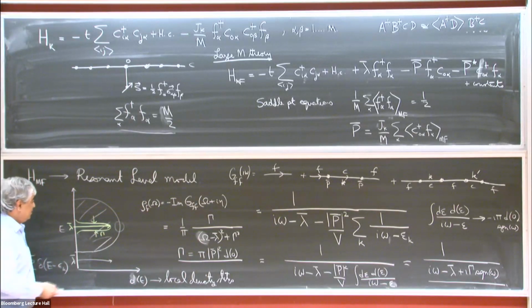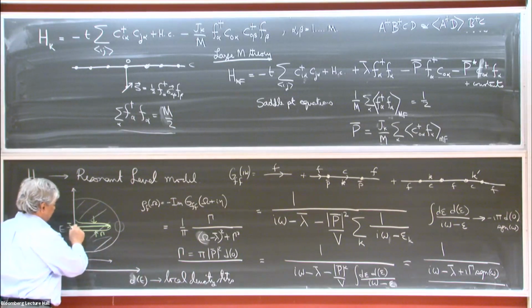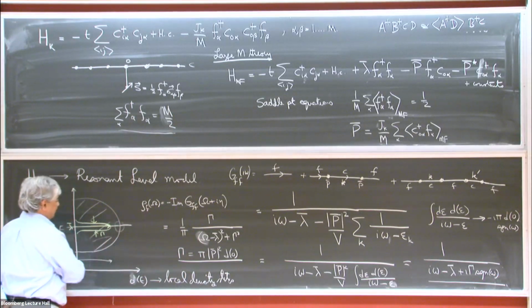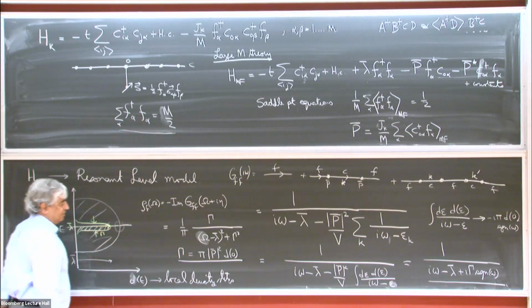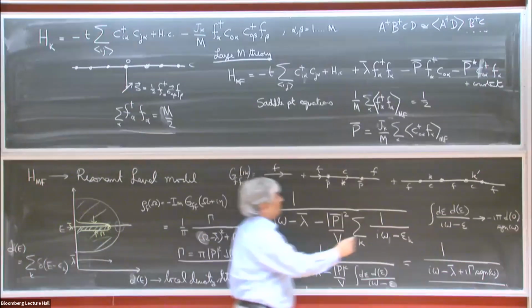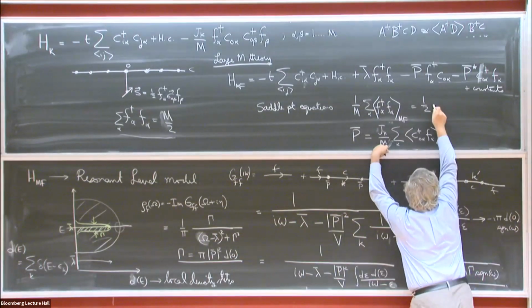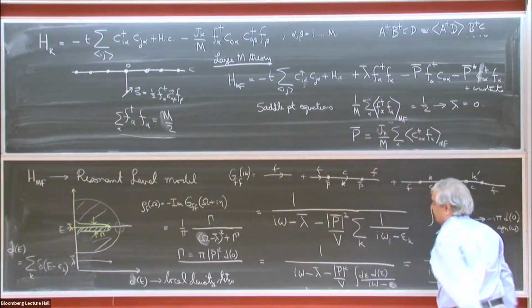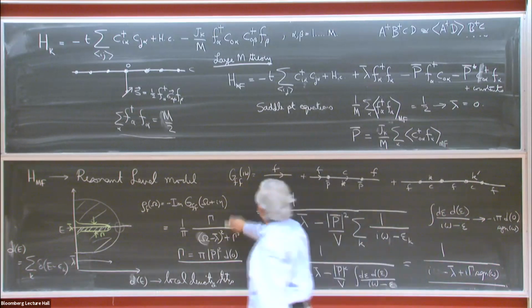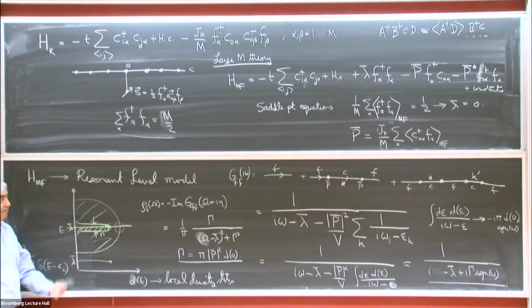And so if you want to have mean occupation number 1/2, where there's a lambda bar here, you want to occupy these states and not occupy those. And so this equation tells us immediately that lambda bar equals 0. That's the solution to that equation, because at the center of the Lorentzian, exactly half the states are occupied.